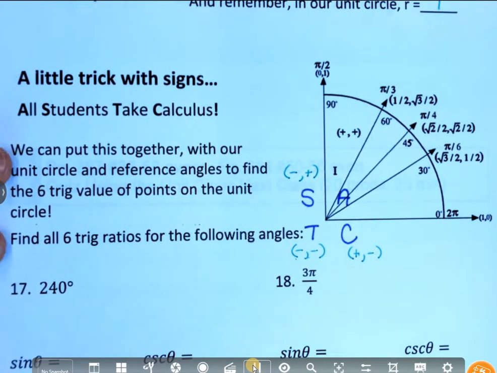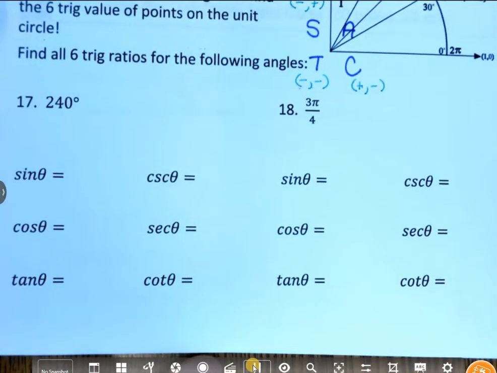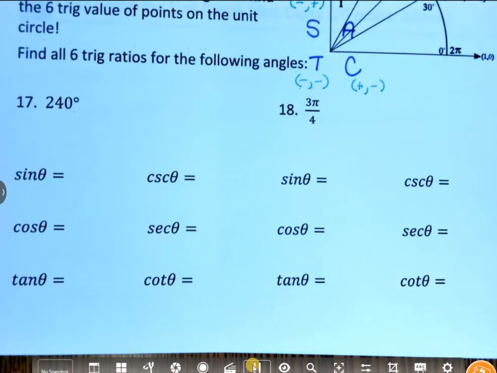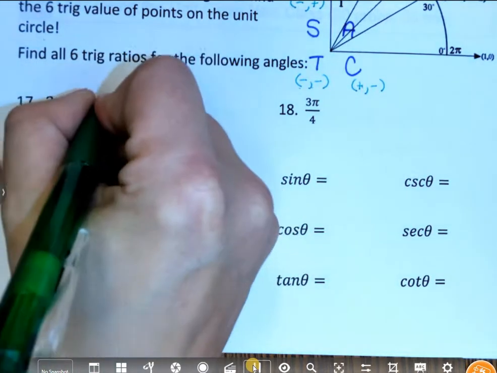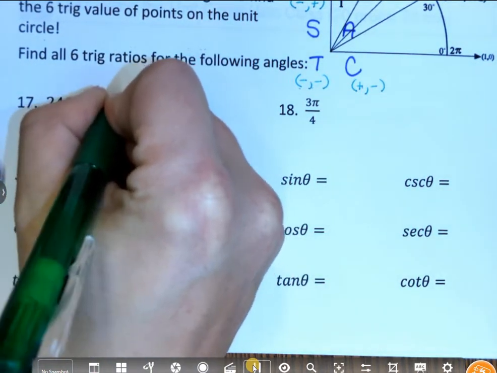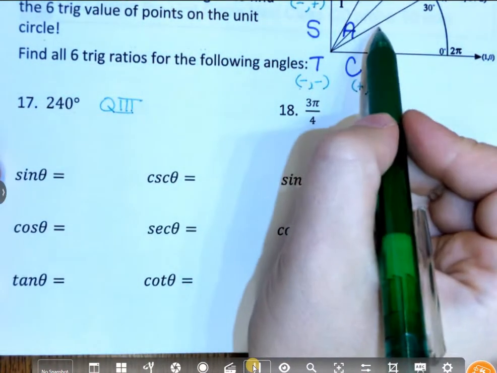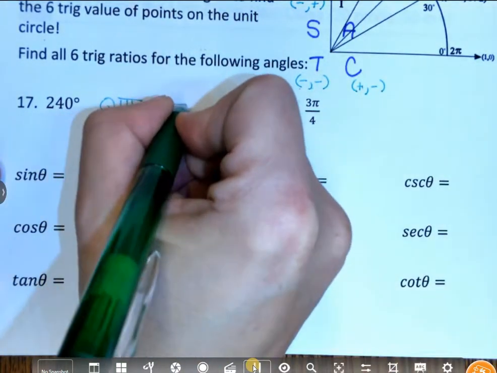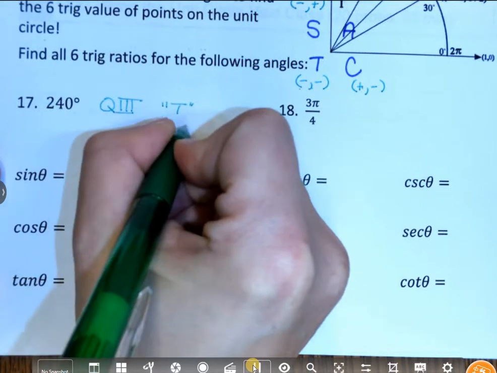Ready? This is as complicated as today gets, and we're just going to be practicing this. 240. What quadrant is that in? That's the third quadrant. So quadrant 3, all students take. And that's because my coordinate is negative, negative.